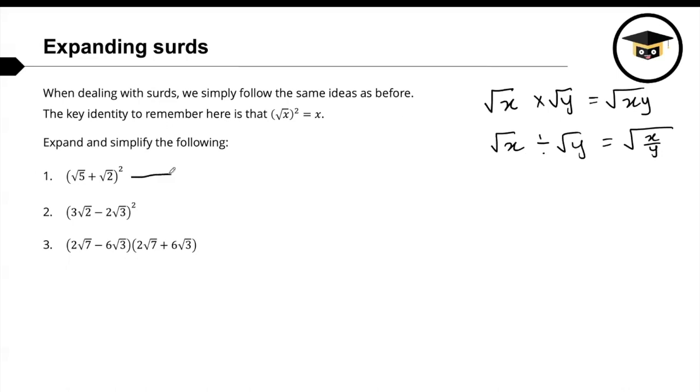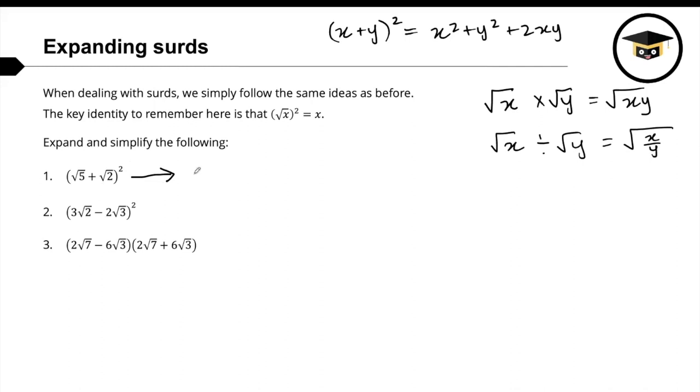So let's have a go at question 1. With question 1, what do we have to do? We have to look at the question and it's like, okay, we have a something all squared. Now this should jog your memory to the formula we did just previously. It's x plus y all squared is equal to x squared plus y squared plus 2xy. But in this case, our x is a root 5 and our y is a root 2.